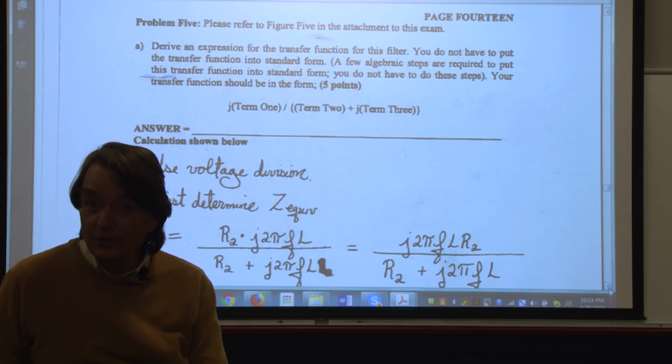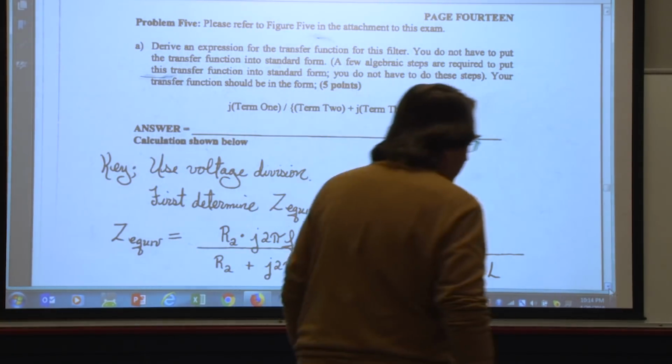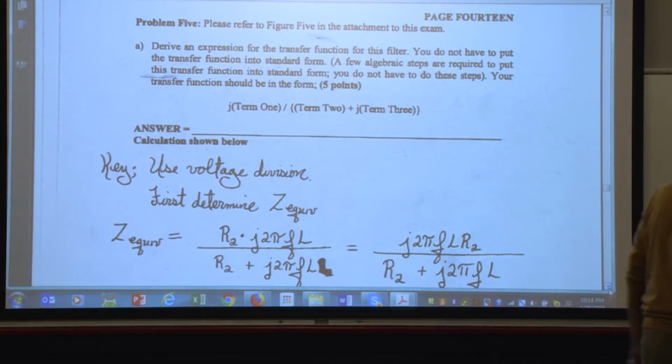Now, we're up to the last 2 problems, so let's take a look at this one here. This one here I think is a filter problem, and then the last one is the topic we had today in class with digital signal processing. Okay, problem 5.